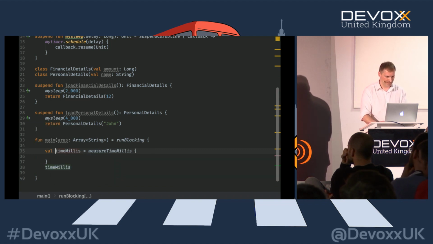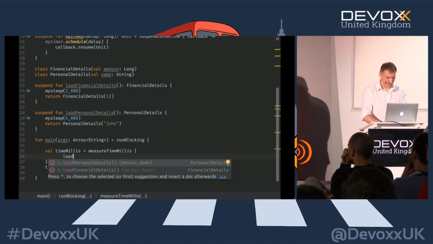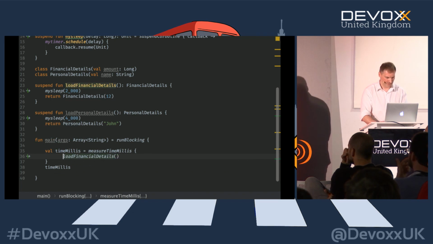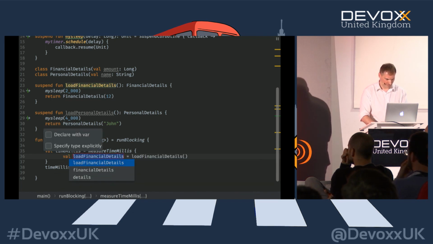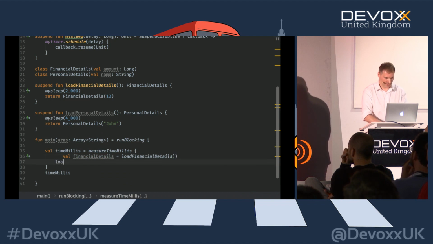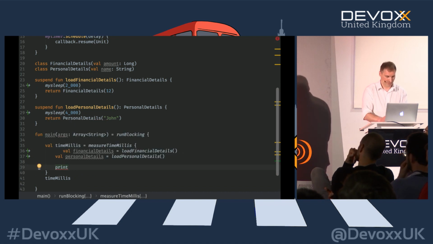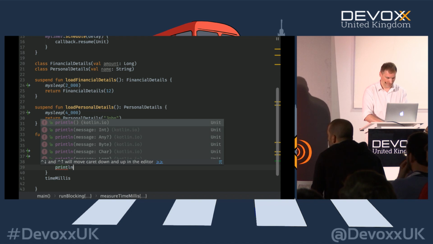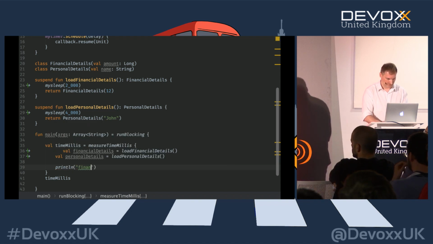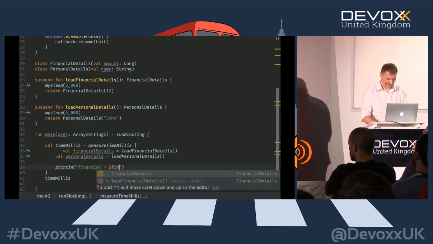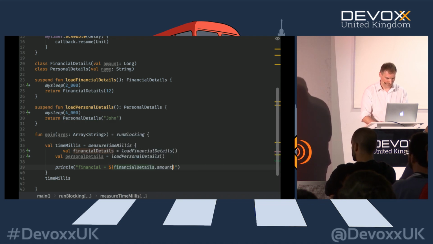So let's call it time millis, and let's call first loadFinancialDetails, let's call it financial details, and personal details. Okay, and then let's print out the details that we got. So financial amount.